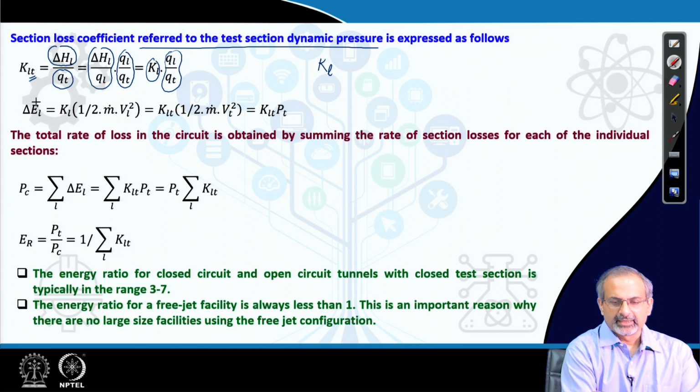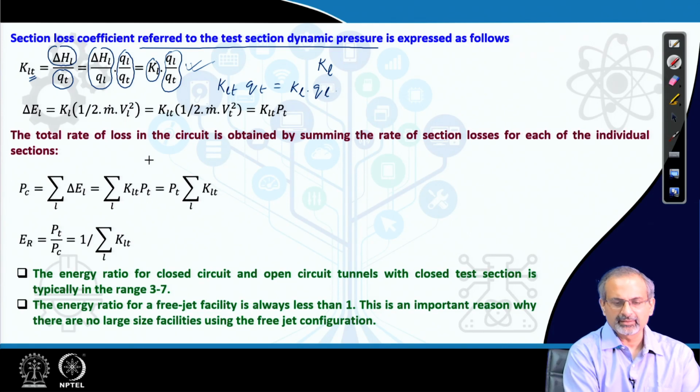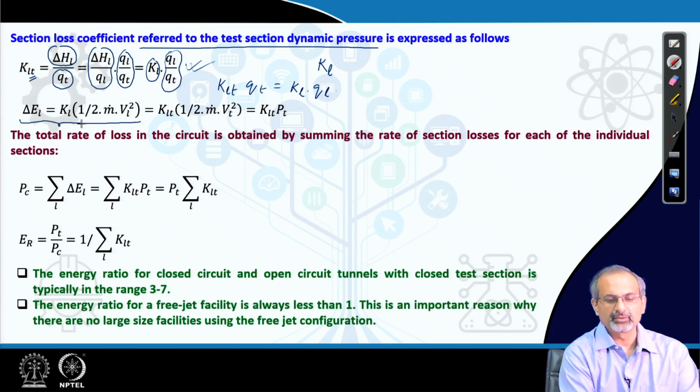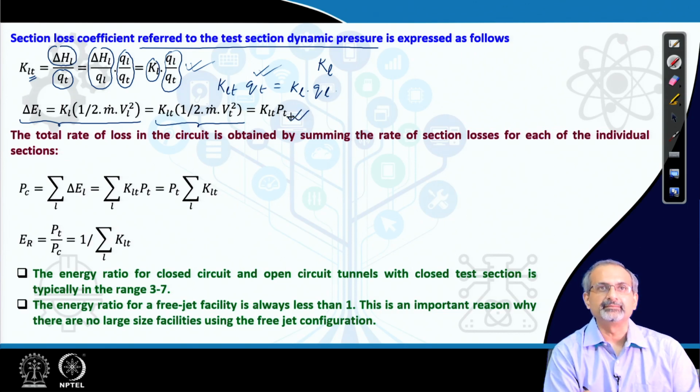Finally, remember that from this equation, what can you write? You can write KLT times QT is KL into QL, and delta EL has been shown to be equal to KL into QL already, and that happens to be also equal to KLT by QT by this equation, and further as KLT into PT.